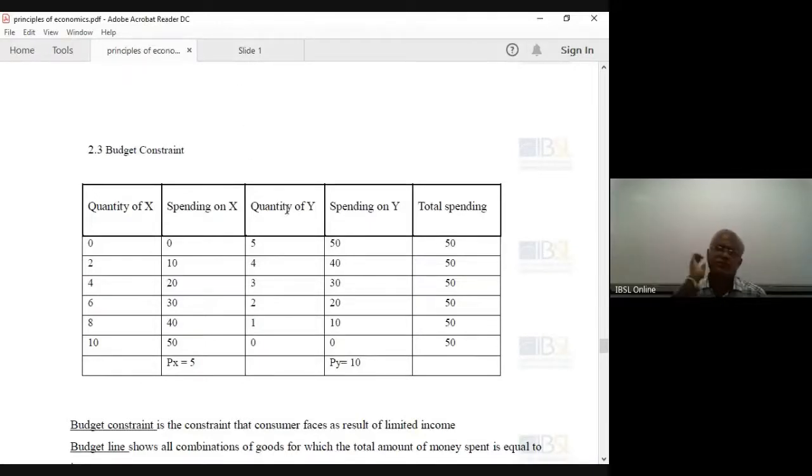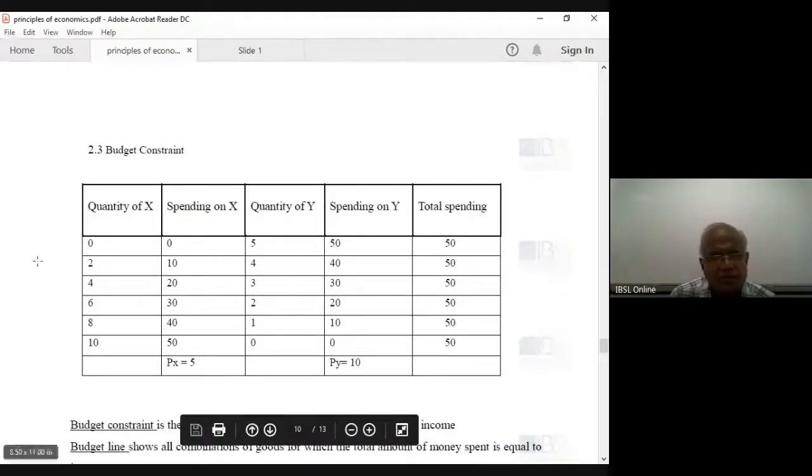Take down this question: draw the budget line using the consumption bundles given in table 2.3. You have to use only these X and Y values. Mark them along the X and Y axes and you can draw the budget line.